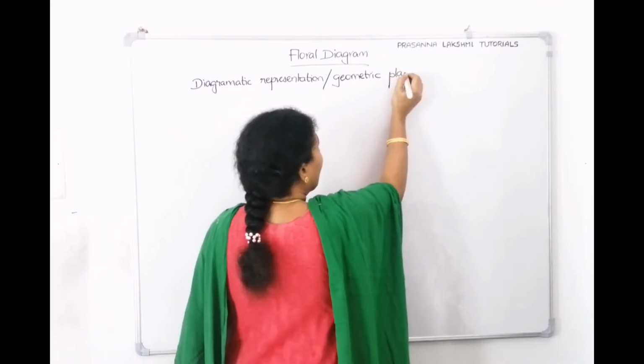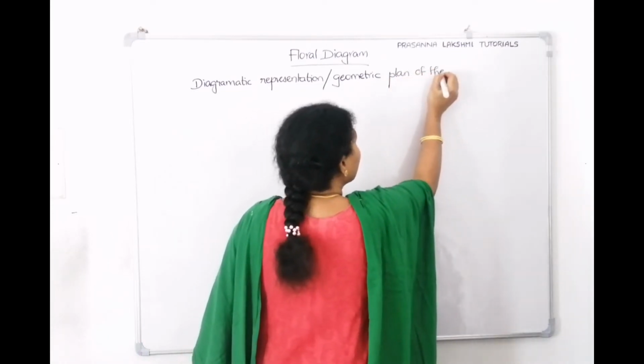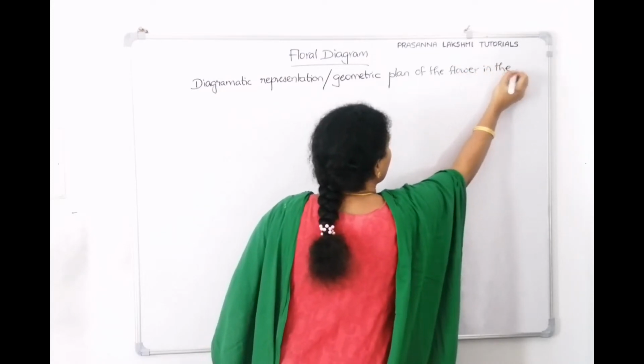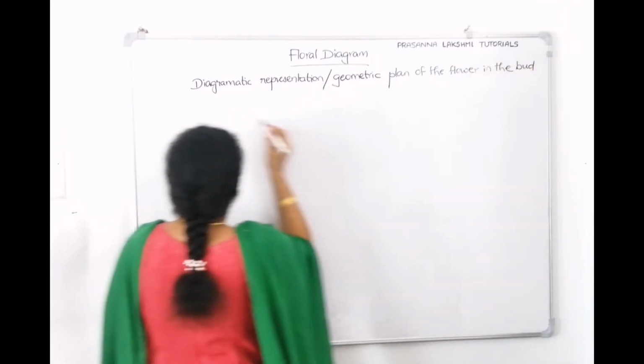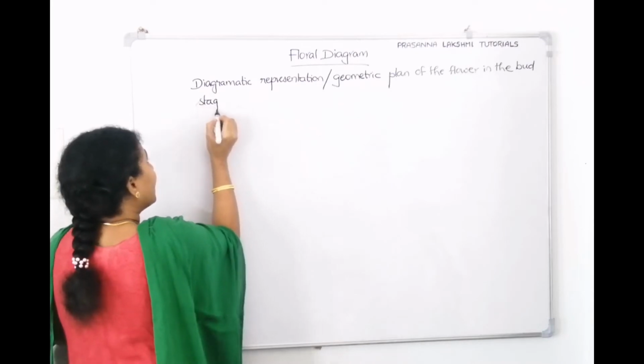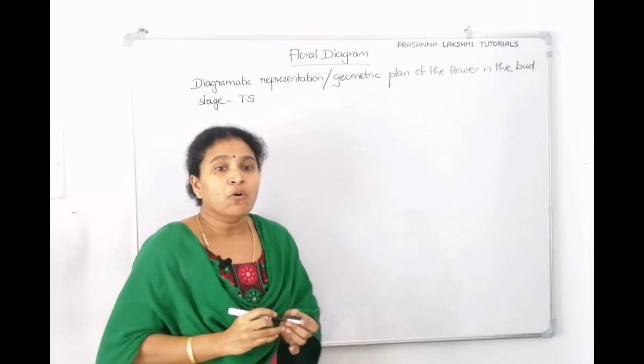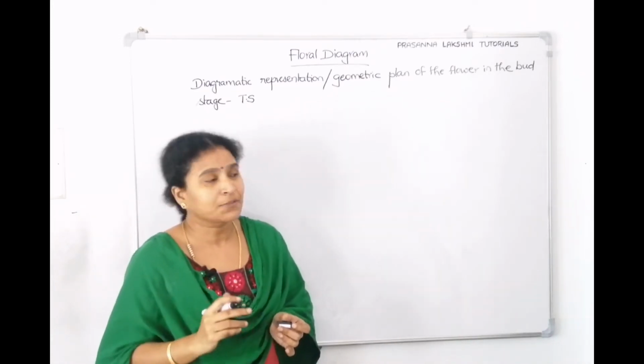In which stage? In the open stage or in the bud stage? It is in the bud stage, and we need to take a transverse section. We need to cut it and see.